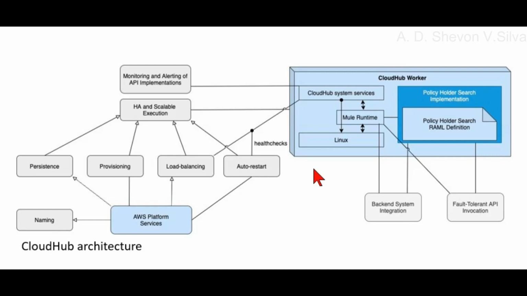Auto restarting failed CloudHub workers, including failed Mule runtime on otherwise functional EC2 instances. Load balancing only to healthy CloudHub workers.